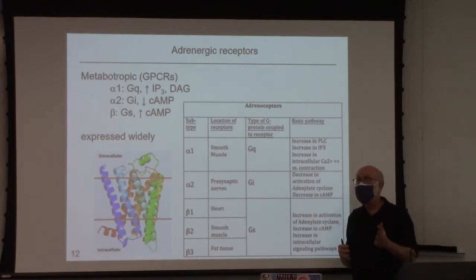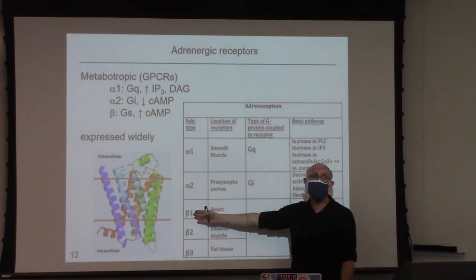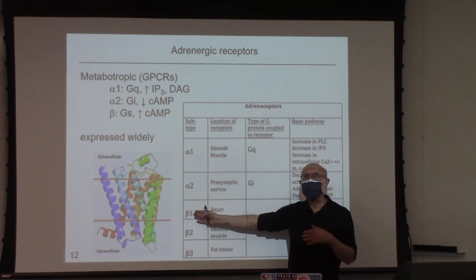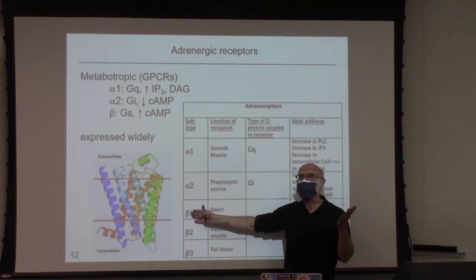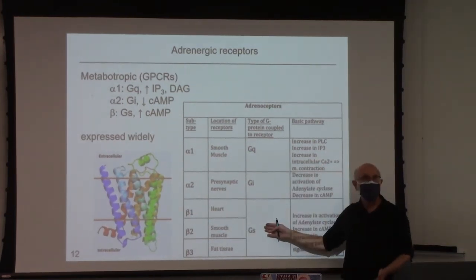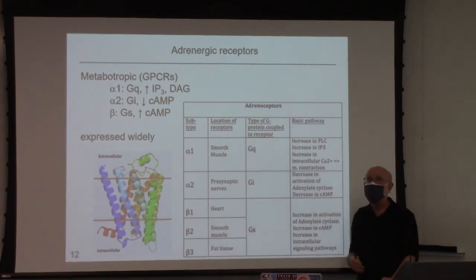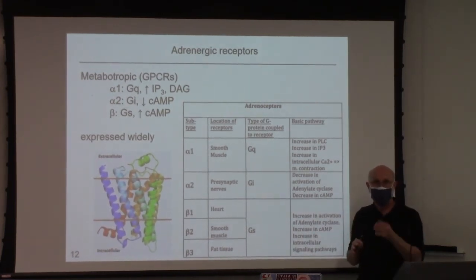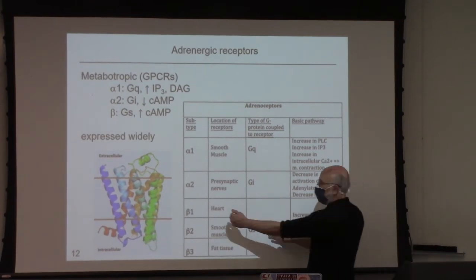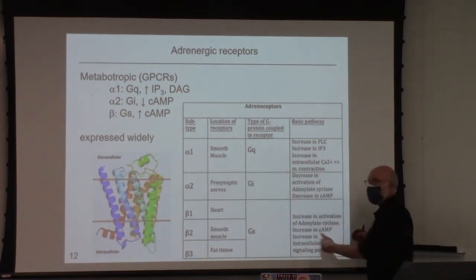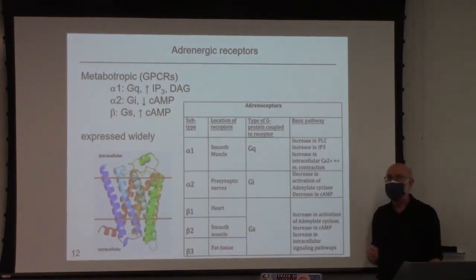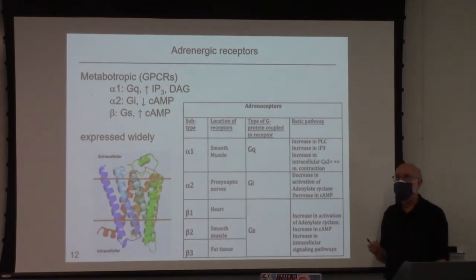So if I ask you a question about beta receptors, I will tell you in the question that beta receptors are coupled to Gs, and then ask you to work on a problem related to that knowledge. I do not want you to memorize this knowledge. I do want you to know what happens downstream from Gs and be able to apply that knowledge.